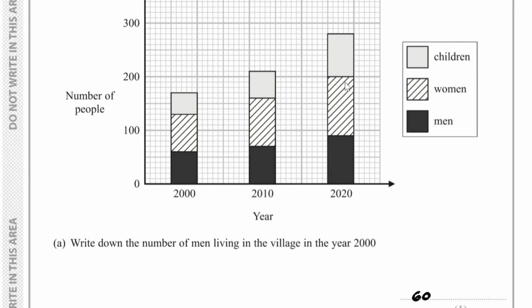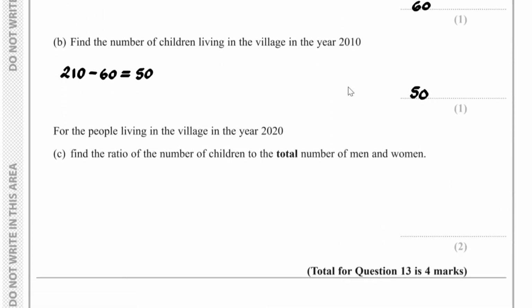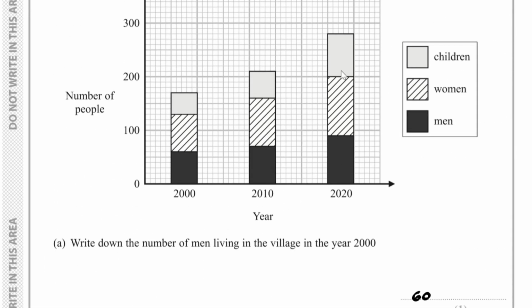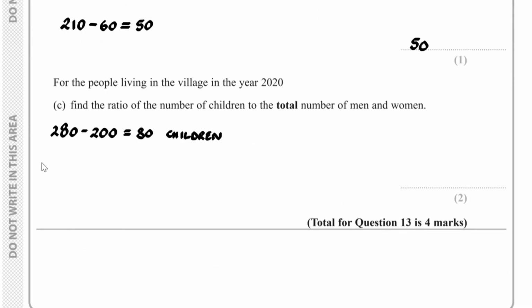And then what we can do to find out the number of children is work out 280 subtract the 200, and if we work that out, we get 80. So there are 80 children. And the total number of men and women, that's 200. So we have 200 adults.